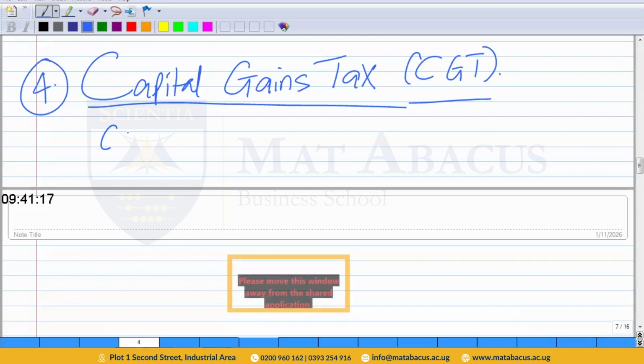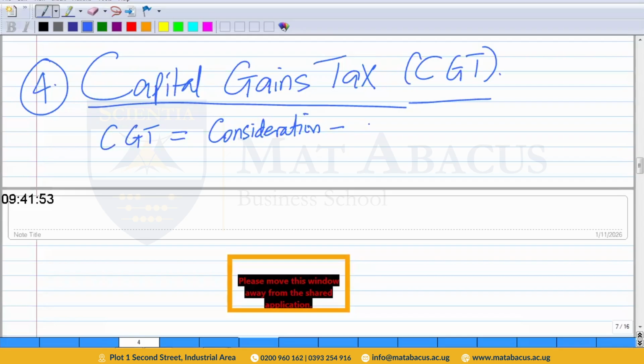Where we shall say that CGT is capital gain, which is consideration minus the cost base.